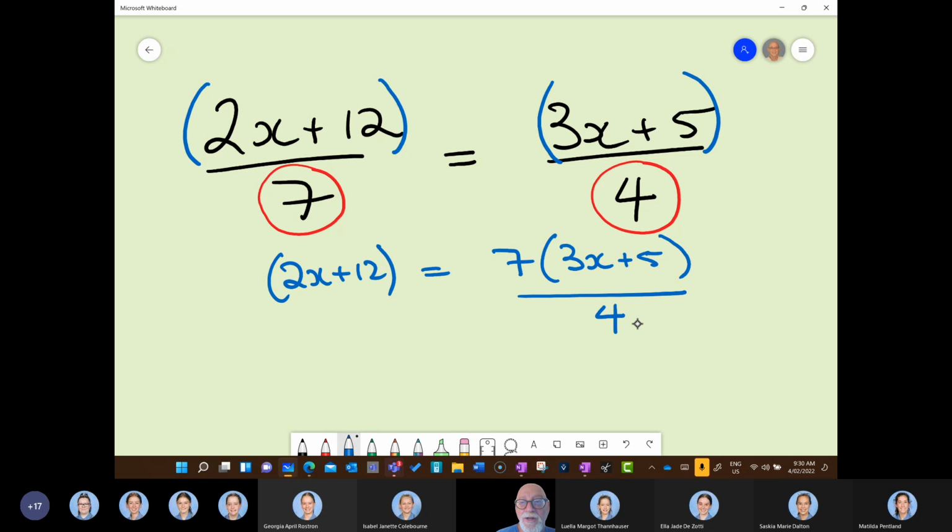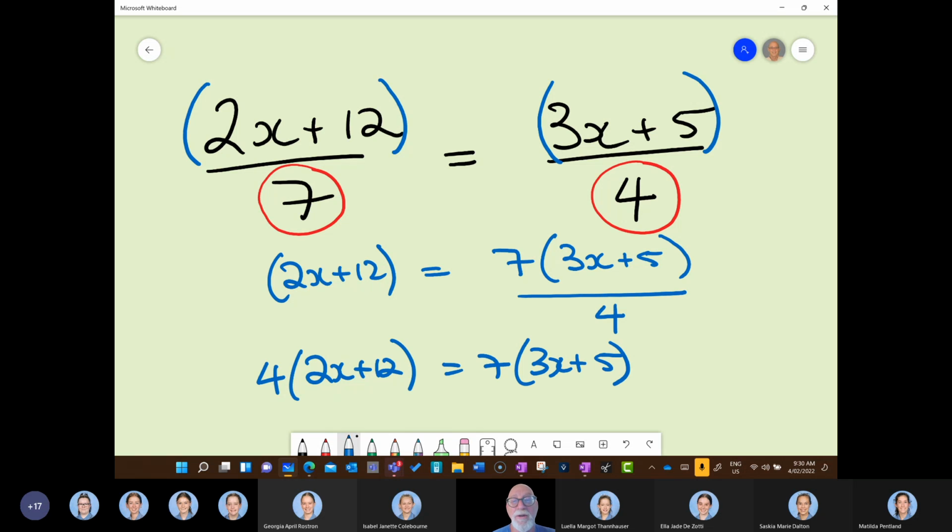And then just on the right hand side, it's still divide by 4. Bingo. Now, a lot of you, I'm more than happy you jump straight to there. Right, divide by 7, take it across. Divide by 4, take it across.